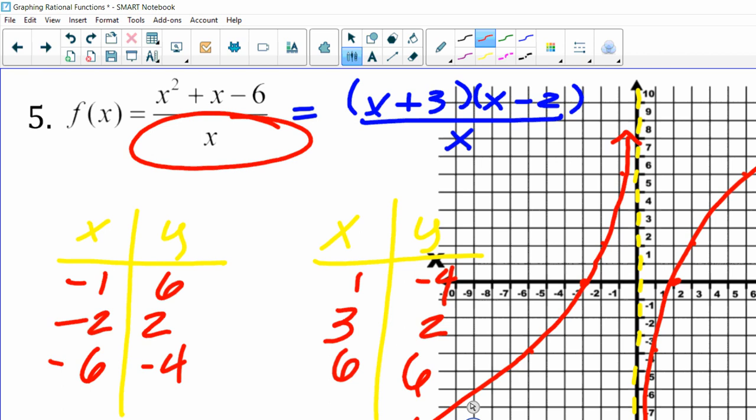Do you feel a little bit better about these than you did when you walked in? Okay. So your job for the rest of this period is to get all the problems done on this worksheet. Get them all done. You should have sufficient graph paper.